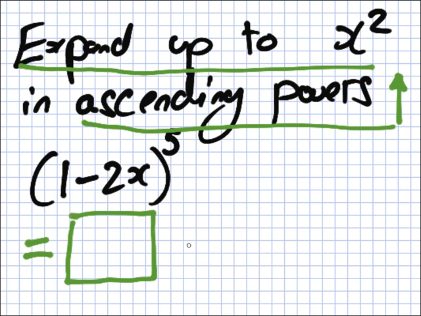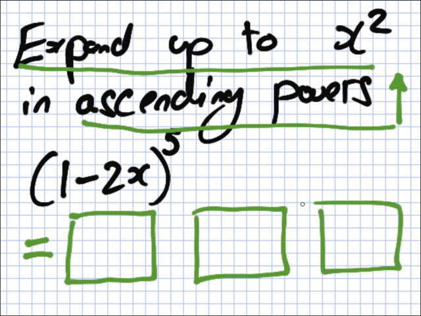So when you expand this, how many terms will you have here? 3, won't you? The first one will be a constant. The second one will be linear. And the third one will be quadratic. Okay, I think you can do this.